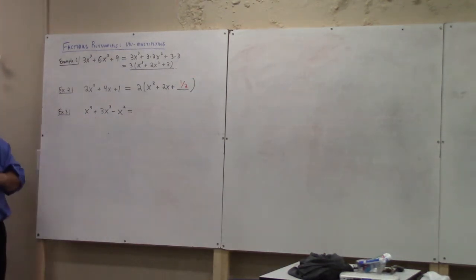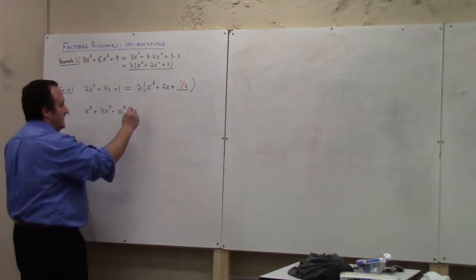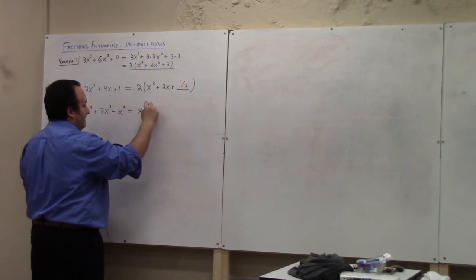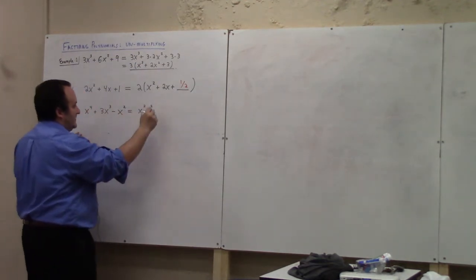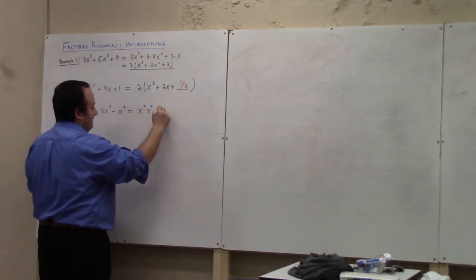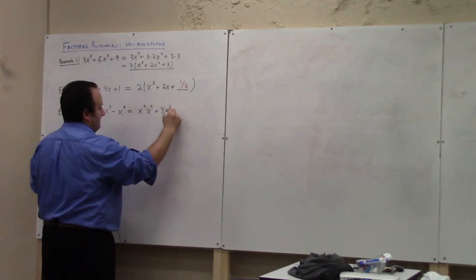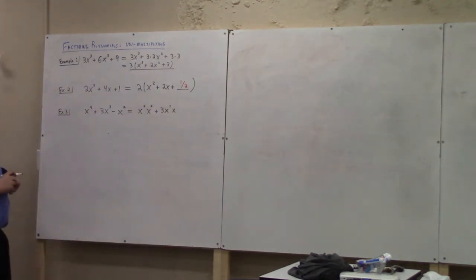Like x to the fourth, we can think of as x squared times x squared, right? We can think of 3x cubed as 3x squared times x, right? And then minus x squared, right?